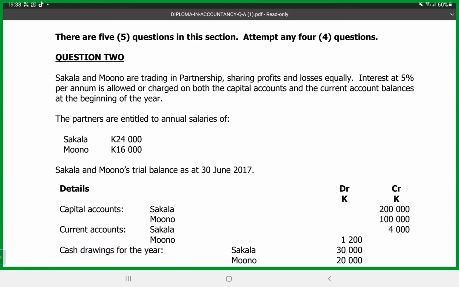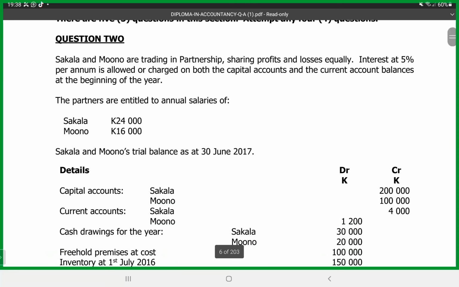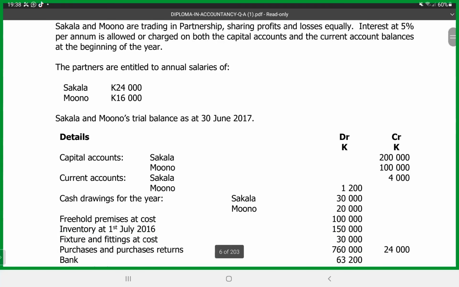All right. There is our calculator. The interest at 5% per year is allowed and charged on both the capital and the current account balances right at the beginning of the year.